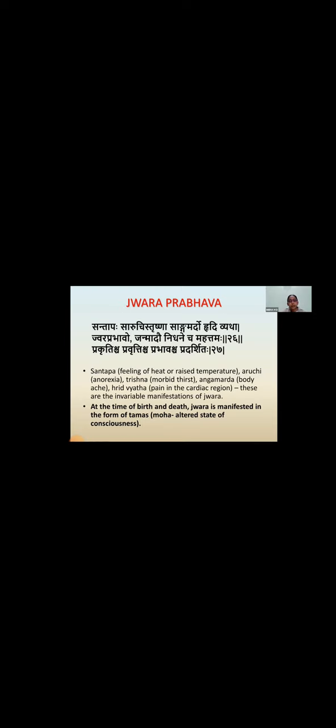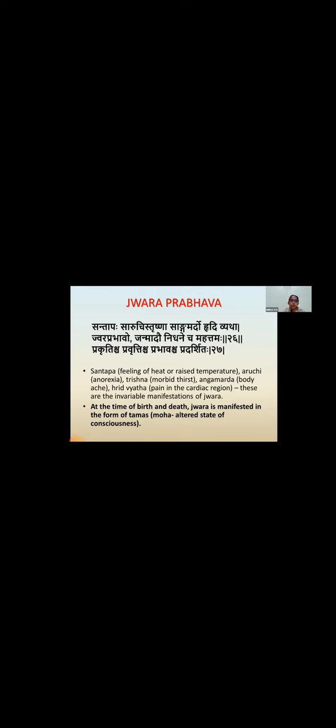That means it occurs at the start of the janma, as soon as any prani or human being is born into the earth, there will be fever, and at the end, nidanecha mahatama. At the end also, as we know, usually, apart from some accidental cause like an RTA, almost all the diseases, when the marana comes to the person naturally, there will be fever at the end.